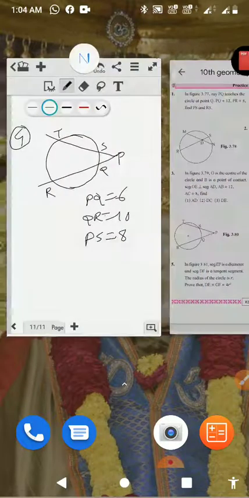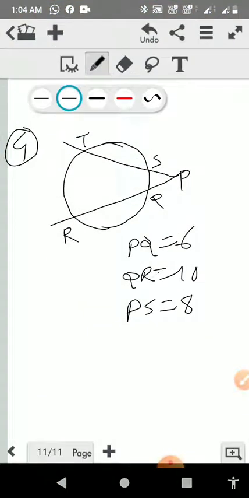Now just by reading the question you will come to know that there is a point in the exterior portion of the circle, and these two chords intersect each other at this exterior point. Then we can use the theorem of external division of chords, isn't it?